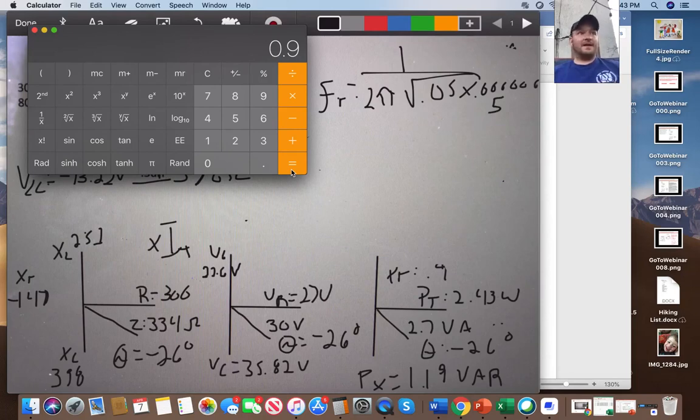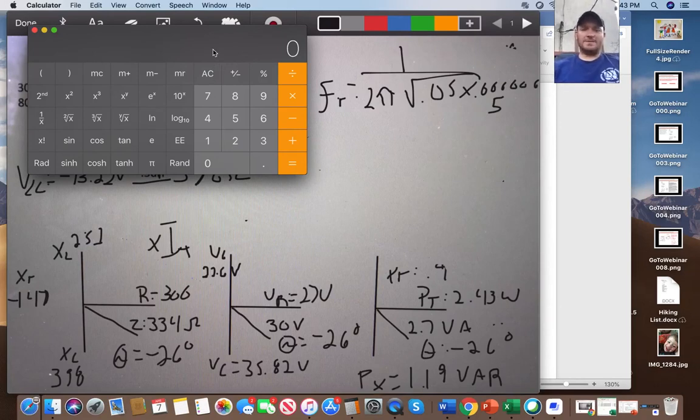Okay, F right here. So let's go ahead and figure out what our resonant frequency is. My guess would be it's going to be somewhat close to 800, considering what our power factor was. And again, how you type this into your calculator may be different.